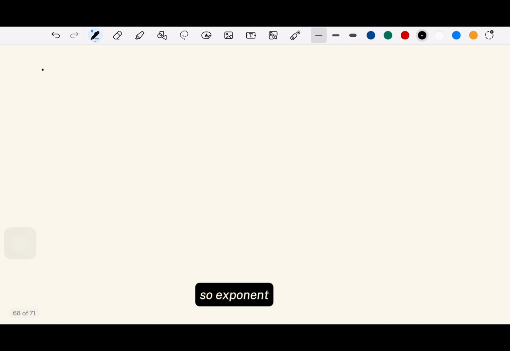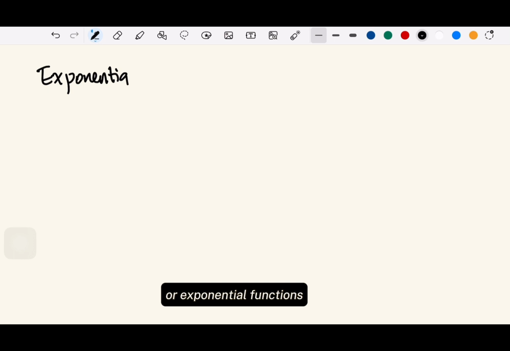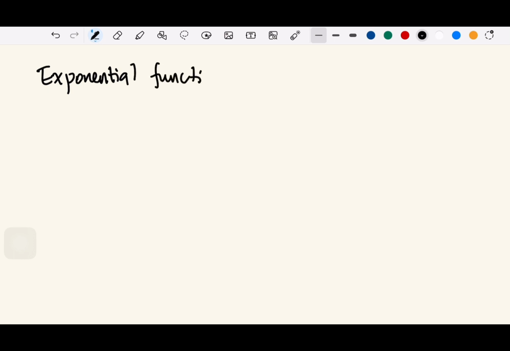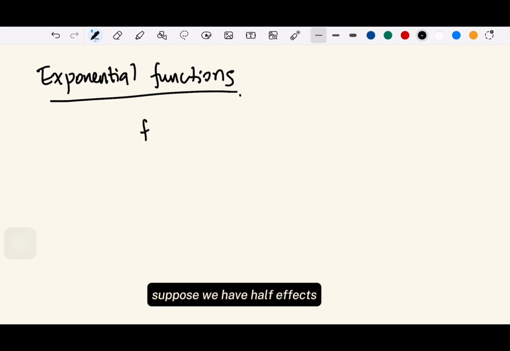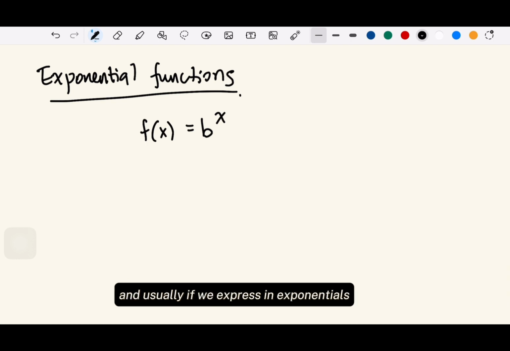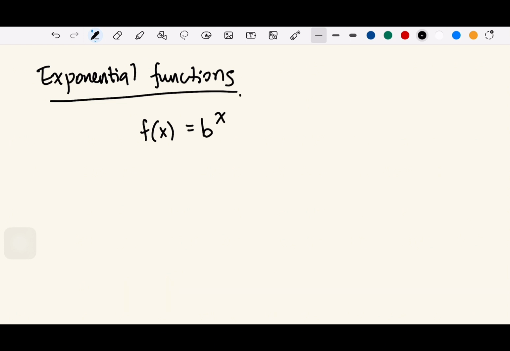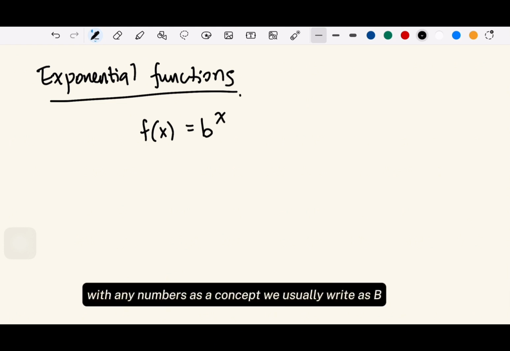So exponent or exponential functions. Suppose we have f of x equals b with power of x. Let's say b is any number, or we call it base. Usually if we express an exponential with any number as a constant, we write it as b.